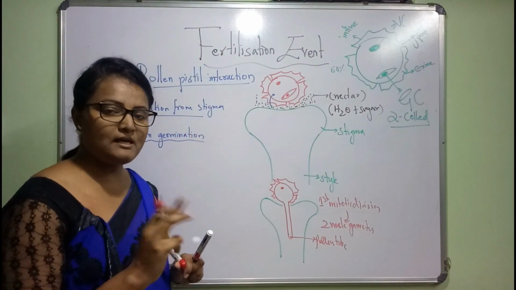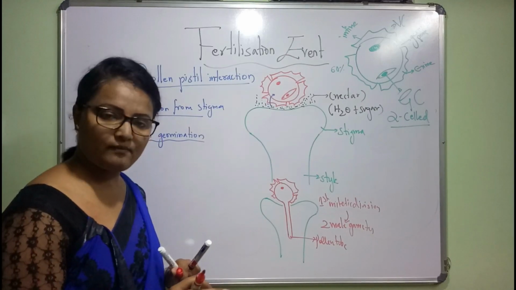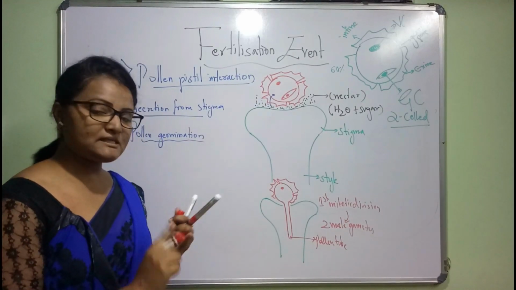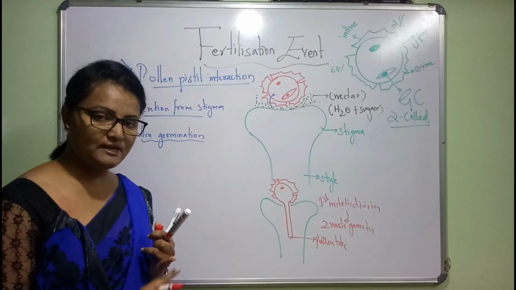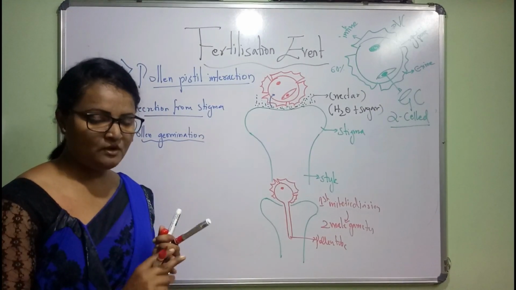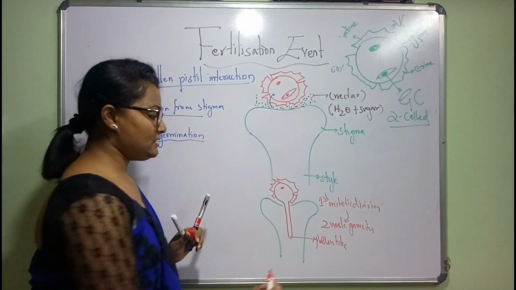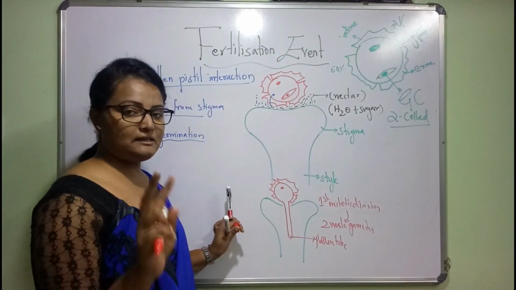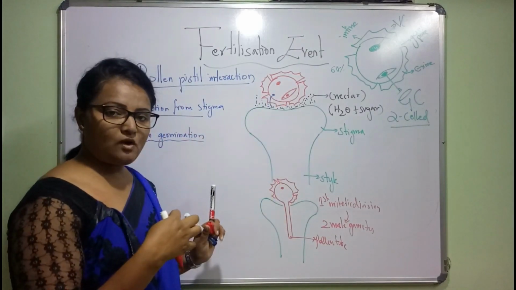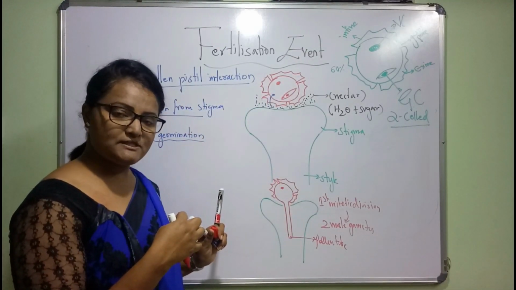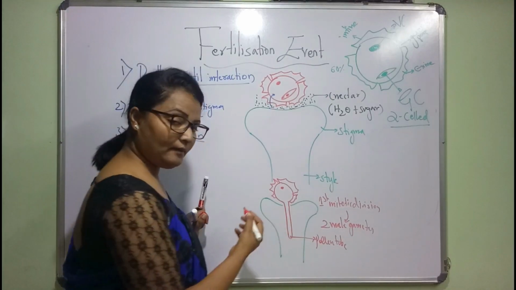If you remember the male gametophyte development, I said 60% of angiosperms disperse the pollen grains at the stage of two cells, or sometimes at three cells. Here we have taken the two-celled example. They land, they absorb the secretions secreted by the stigma, and they form the pollen tube.